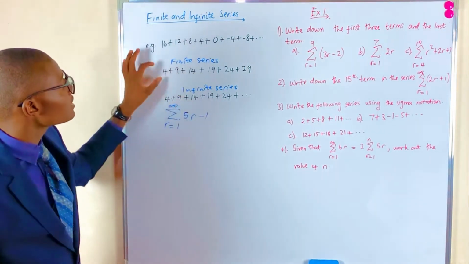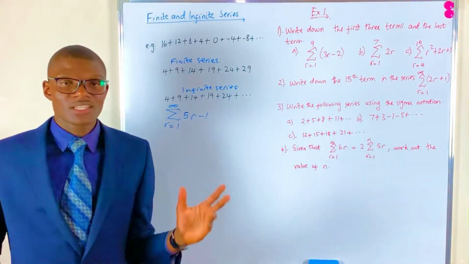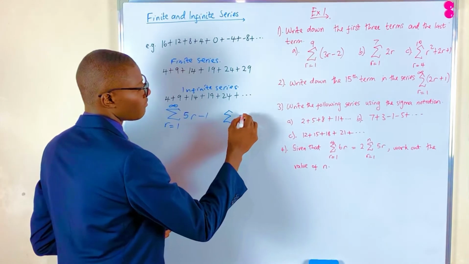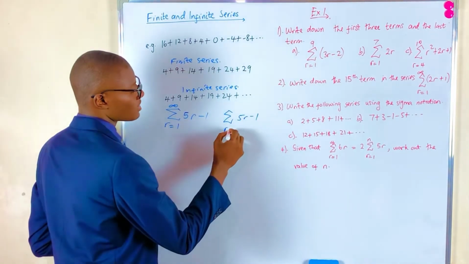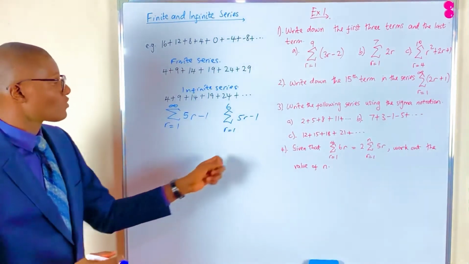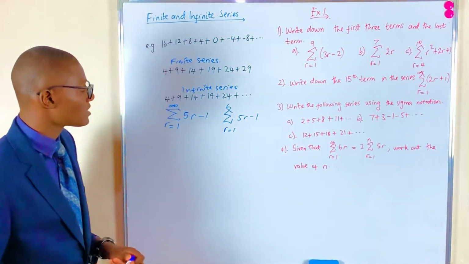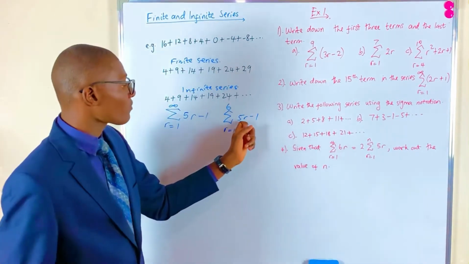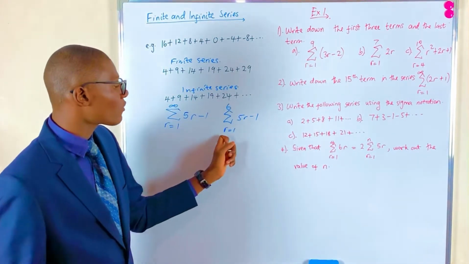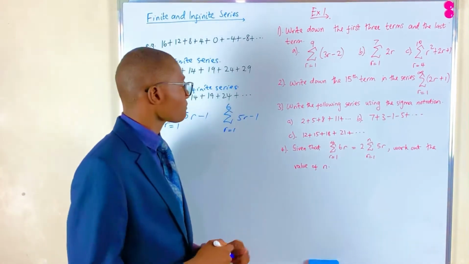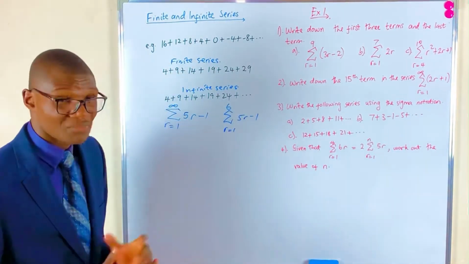Then if we are to write this finite series in sigma notation, we would say sigma 5r minus 1 from r is equal to 1 up to 6, because we've got 6 terms here. So again, we're simply saying summation of the terms in the sequence of 5r minus 1 going from r is equal to 1 up to the 6th term. So this is what we call the sigma notation.